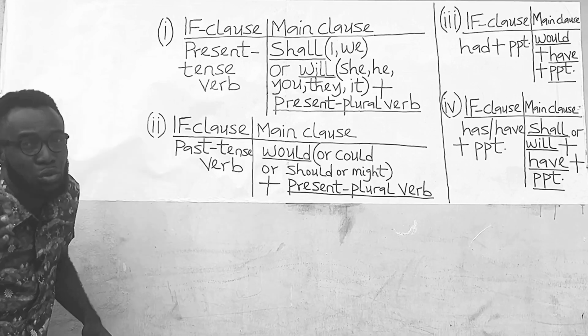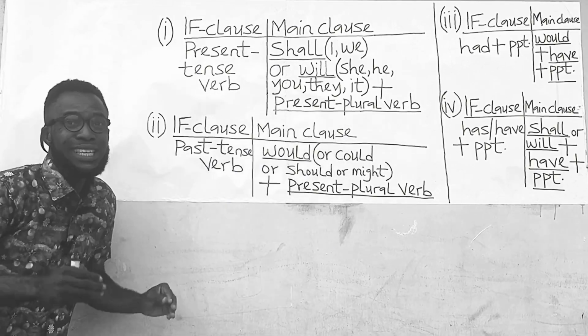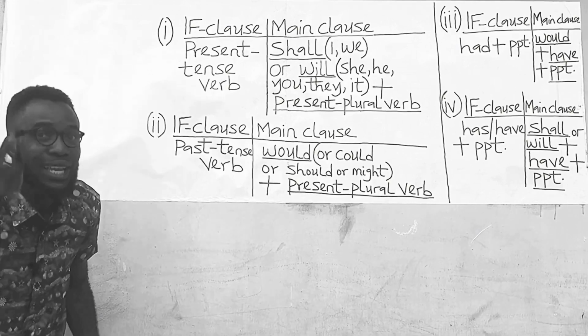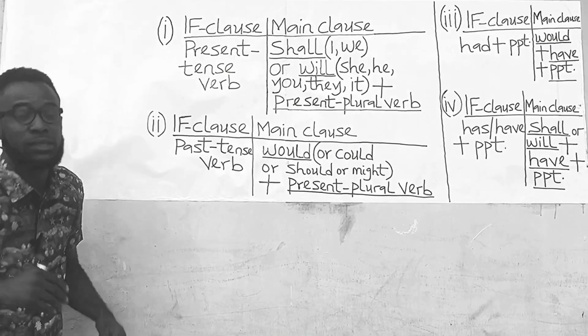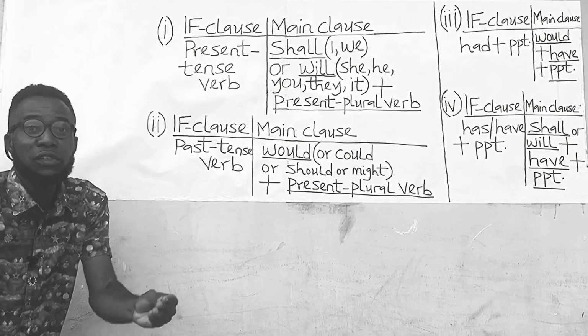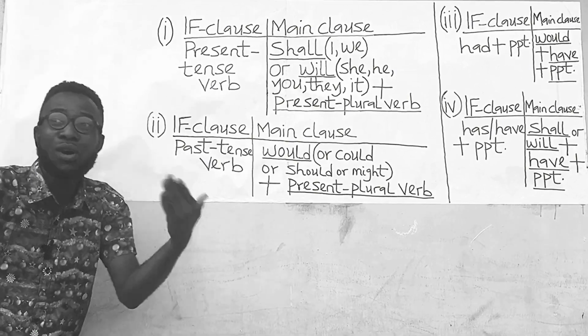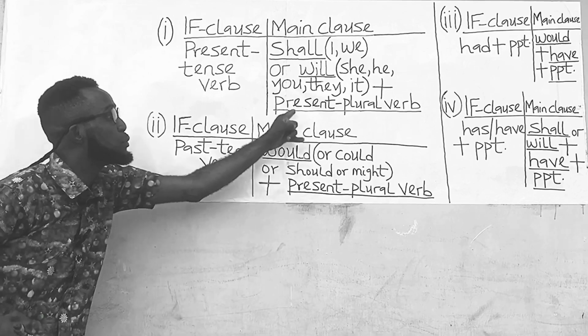In case you don't know, a present plural verb is a verb in the present tense and will not end with s, es, or ies. A verb in the present tense and does not end with s, es, or ies is what we call a present plural verb.